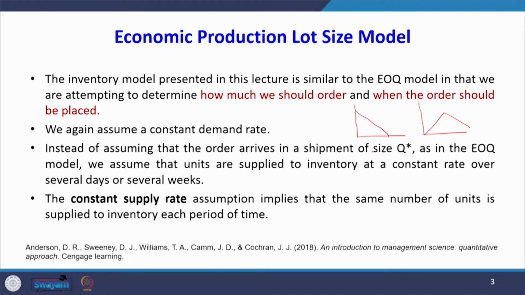So, the constant supply rate. After producing we are going to supply. The constant supply rate assumption implies that the same number of units is supplied to inventory each period of time. How are we able to supply? After the production.